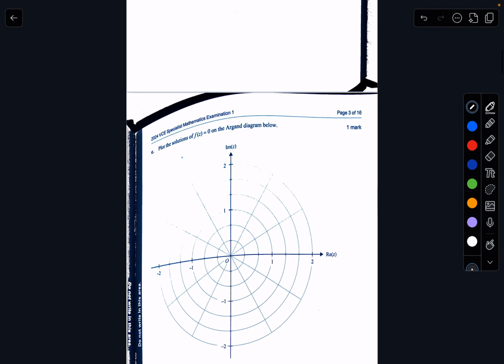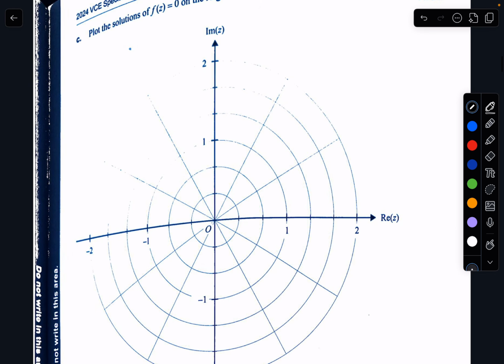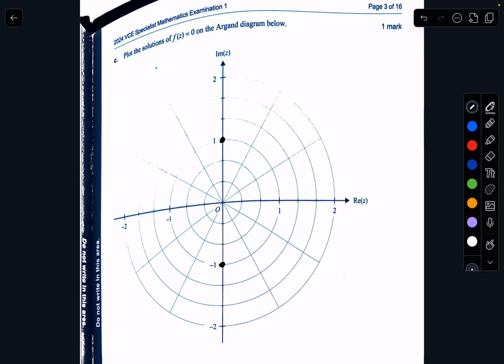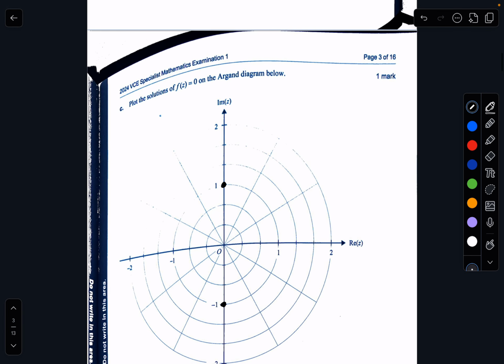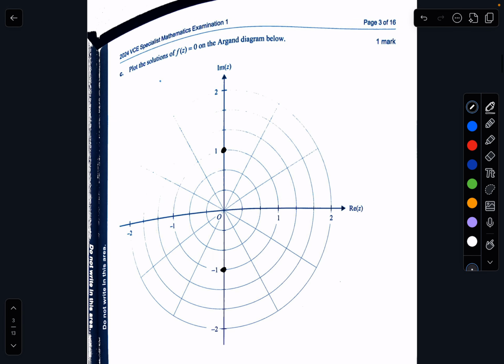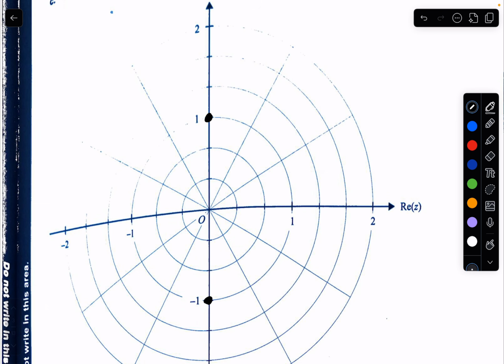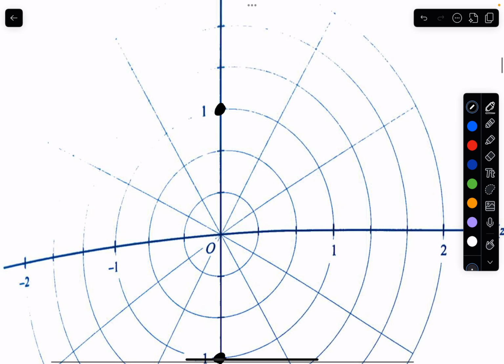Okay. Then it says plot the solutions. So we had i, negative i, and then negative 2i on 3. Is that right? Which is over, so 1, 2, that's 1/3.